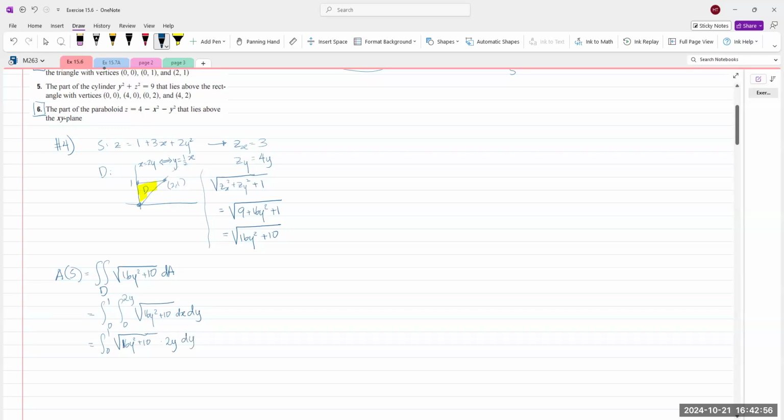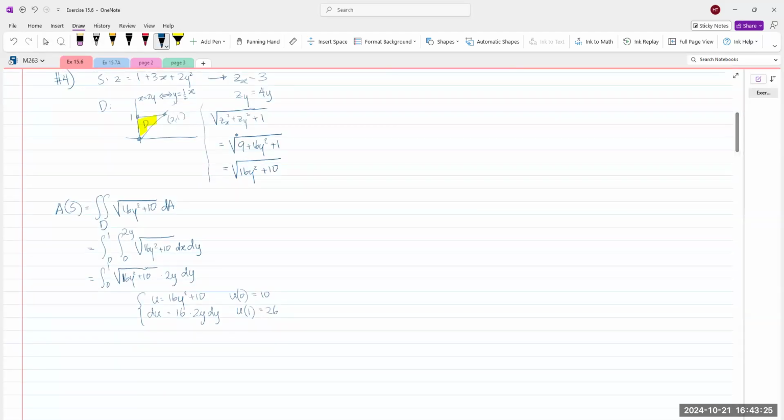Then from here I do u-substitution, u equals 16y squared plus 10. The du will be 16 times 2y dy. I hope you see the reason I write it this way. And the boundaries, u at 0 will be 10, u at 1 will be 26.